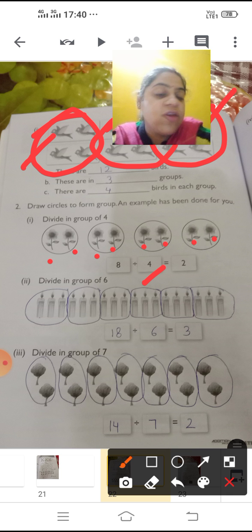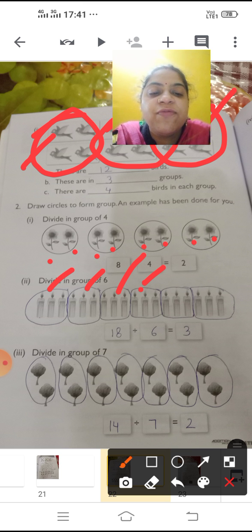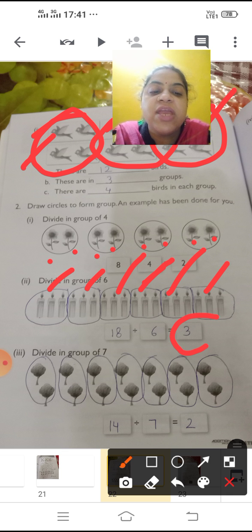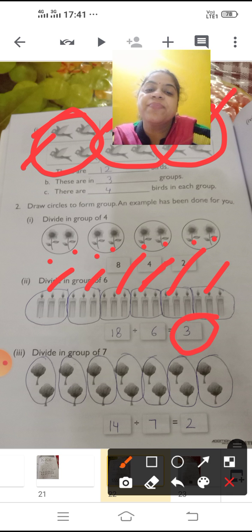They have given all together. So first we have to divide in 6 groups. First we will see 1, 2, 3, 4, 5, 6. Now we can see the total number of candles is 18. You can count 18 divided by 6. That will give you 3. So in each group it is 3.